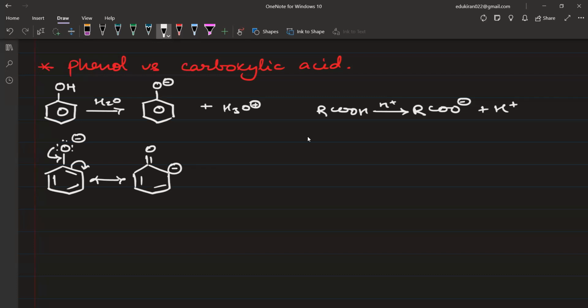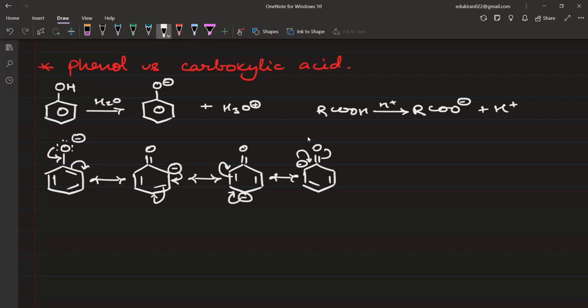This bond is as it is, this bond moves here. Double bond O, negative charge here. This negative charge will move here, this pi bond will move here. You will get negative charge here, double bond O, pi bond here. This negative charge will move here, this pi bond will move here.